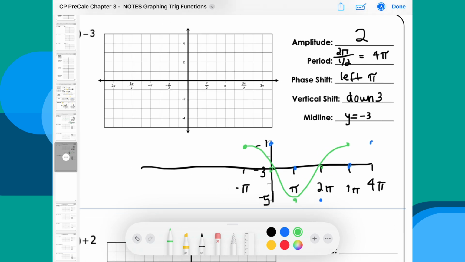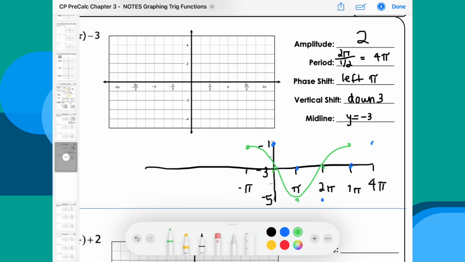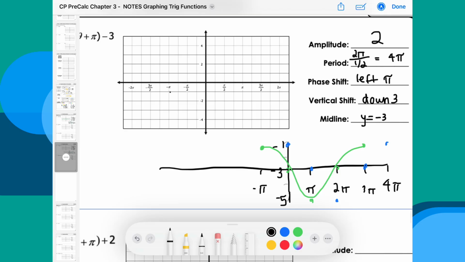So let's see if we can take that and bring that over to our graph. So I'm going to graph the green one right away. So we're at -pi, -1. Then we're going to our midline, which is at -3. Sometimes it helps if we highlight the midline so we remember that that's the middle. We're not going back to the x-axis this time.